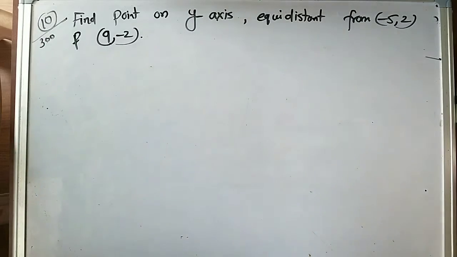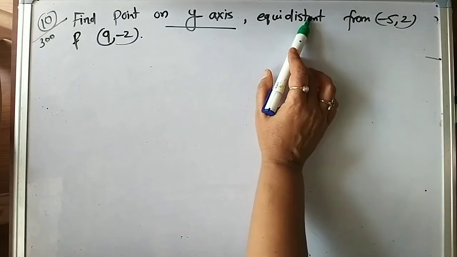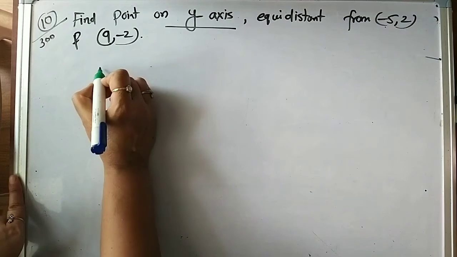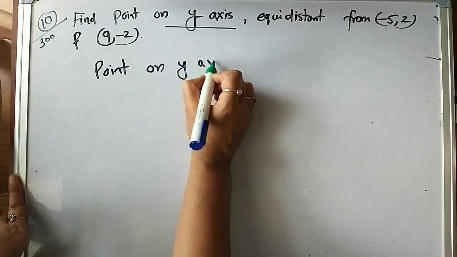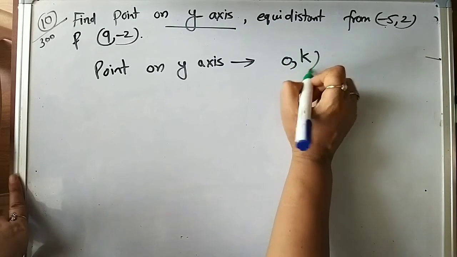Question number 10 on page 300. Point on y-axis equidistant from this point and this point. Please pause and solve on your own. To write down a point on the y-axis, it is usually 0 comma k. Why?